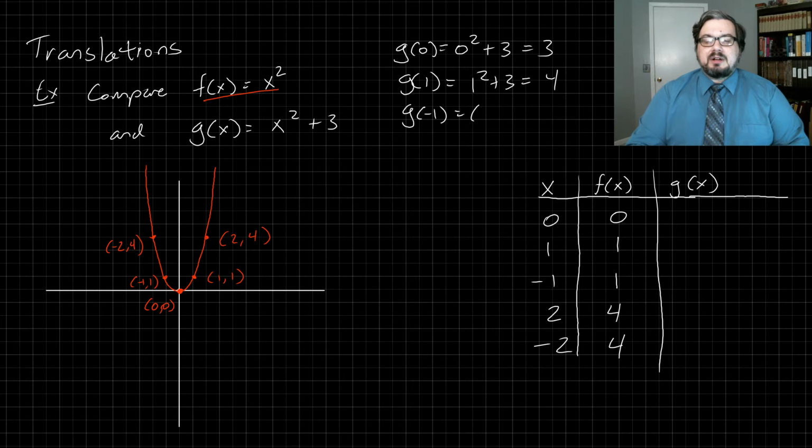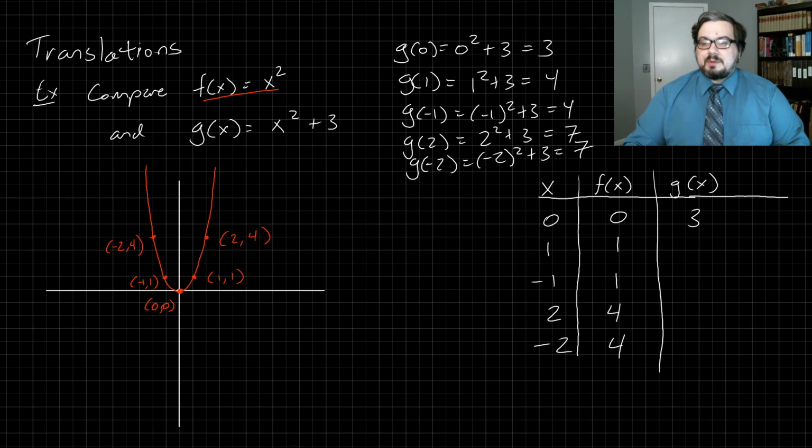G of -1 is -1 squared plus 3, which is 4. G of 2 is 2 squared plus 3. 2 squared is 4. Adding 3 gives us 7. G of -2 gives us -2 squared plus 3, which is again 7. So we get the points 3, 4, 4, 7, and 7.